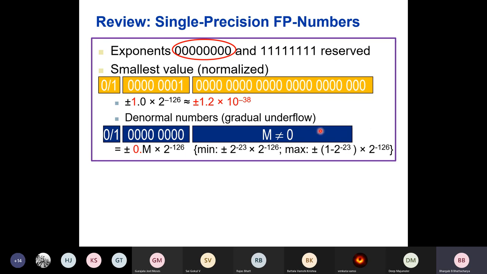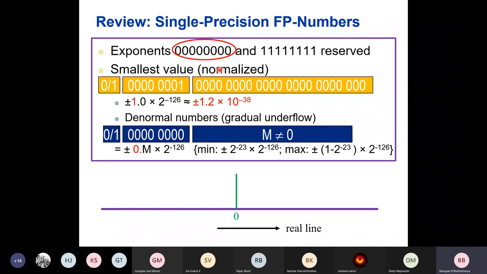They are not normalized because you don't have a leading 1; instead, you have a leading 0. The exponent is the same as the smallest value. Since you have a choice of mantissa that may run from all 0s to all 1s, you again have a minimum value and a maximum value. That gives you an additional opportunity of representing some numbers within this range which would have been underflow.